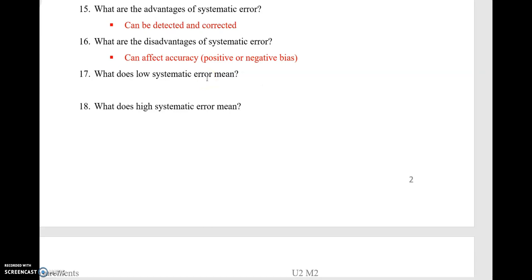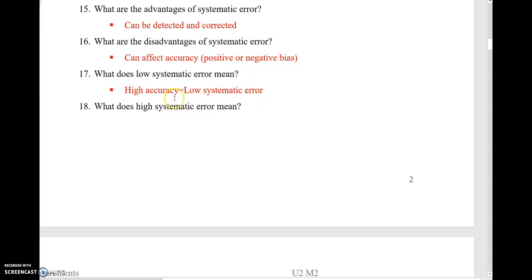It can result in a positive or negative bias. That is, the experimental values obtained may be higher or lower than the true or accepted value. If there is a low amount of systematic error in your experiment, you would be able to note this as there would be a high accuracy, meaning there is no large amount of positive or negative bias in the values obtained.